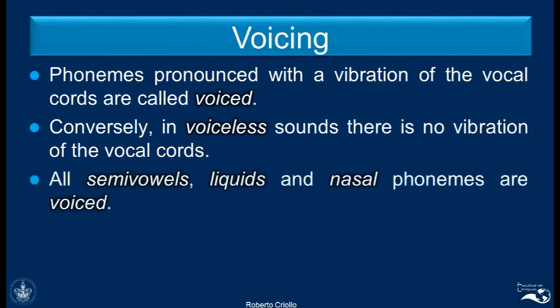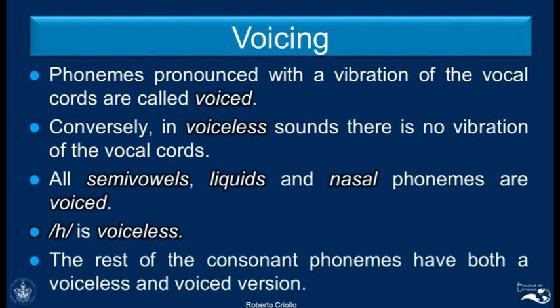Now, it's very easy to know which sounds are voiced and which ones are voiceless, because all of the semivowels, all of the liquids, and all of the nasal phonemes are voiced. And of course, h is also voiceless. Now, for the rest of the consonant phonemes, we have both a voiceless and a voiced version. So these sounds actually come in pairs.